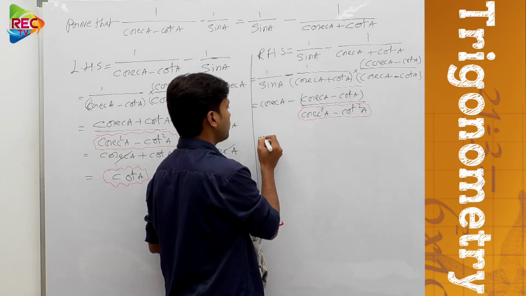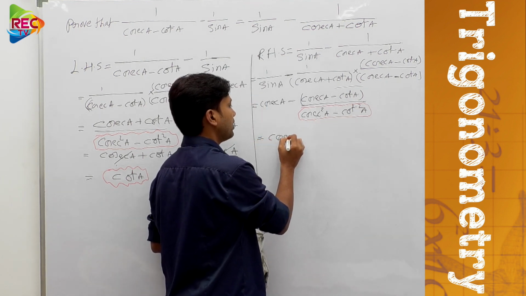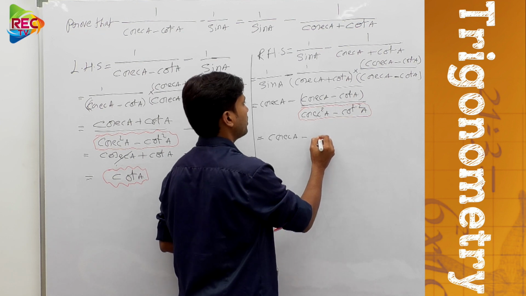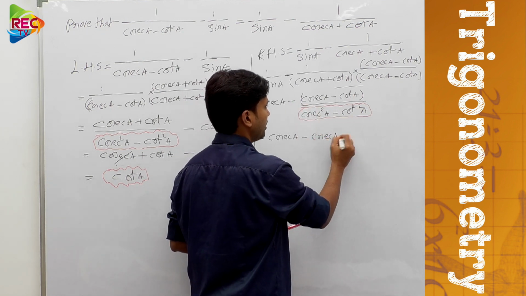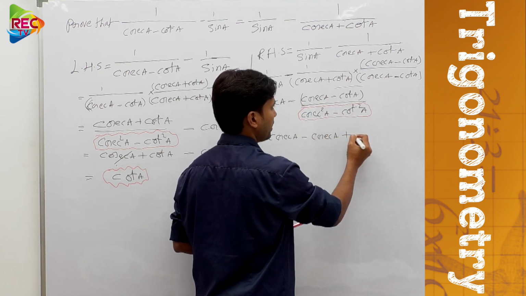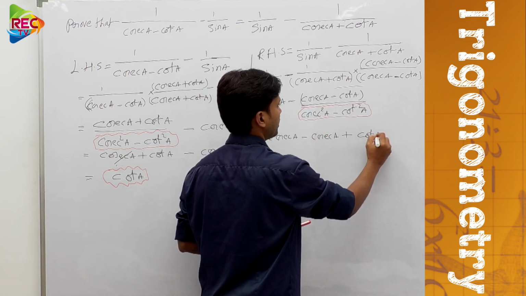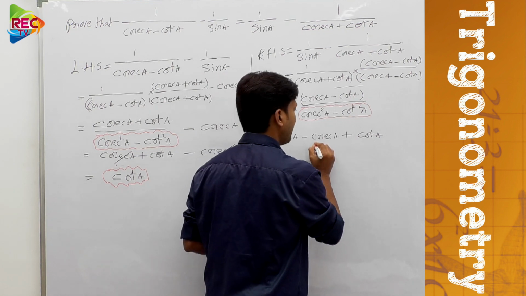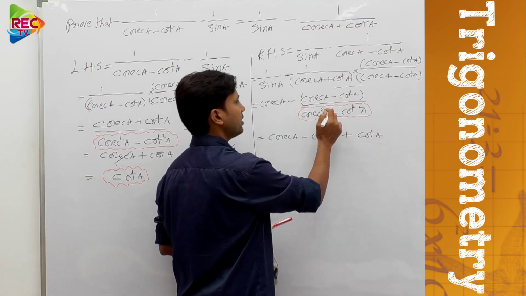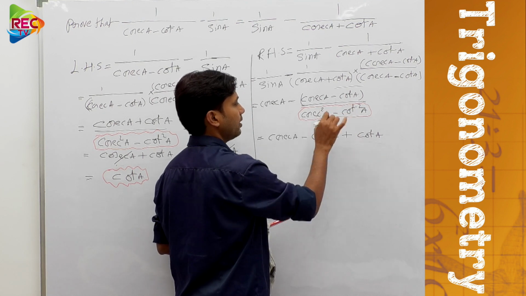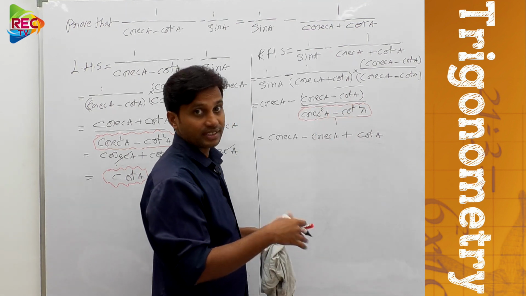So cosecant A minus cosecant A plus cot A, divided by 1. So we don't need to write 1, because the value of this would be 1. So we don't need to write the denominator separately.